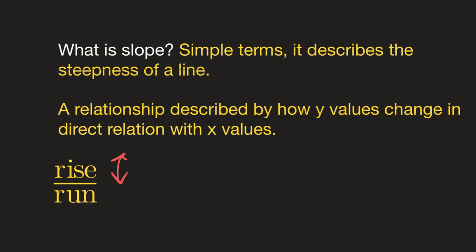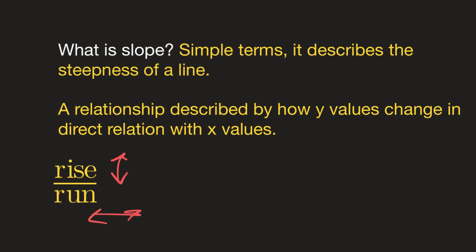The run on the bottom, in that denominator, is going to talk to us about right and left movement. Right is positive, left is negative. All right, rise over run, up and down versus right and left.